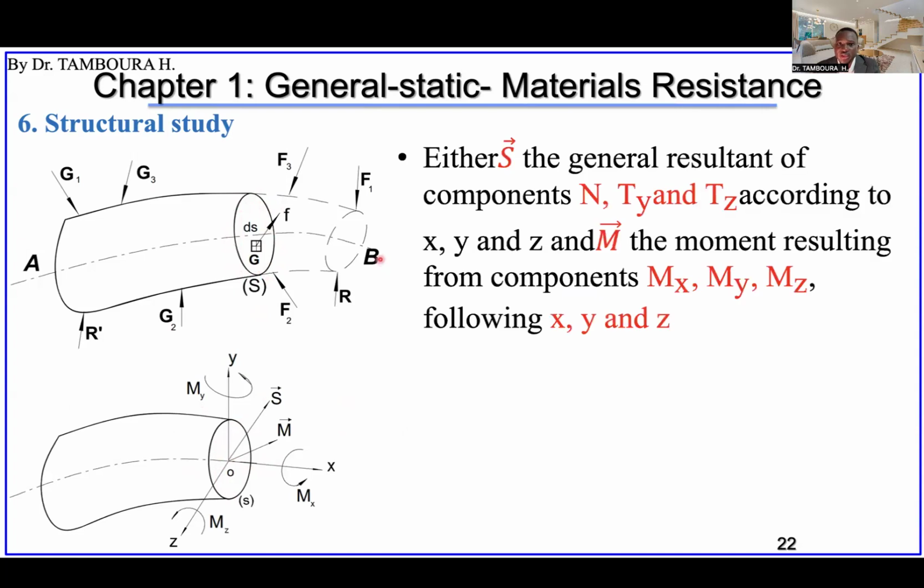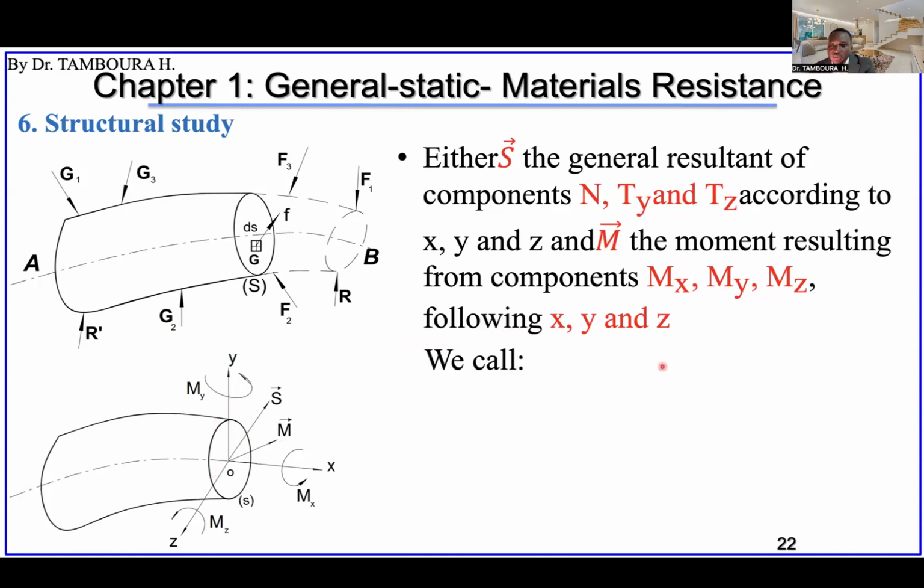Okay. So if we take this, we consider S like the general resultant of the components N, Ty, and Tz, according to the axes X, Y, and Z. And the M is the resulting moment, the combination of the resultant of all the moments, the resulting moment of the components Mx, My, Mz, following these three axes.